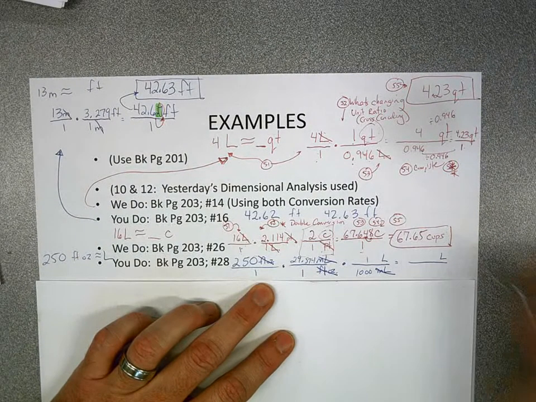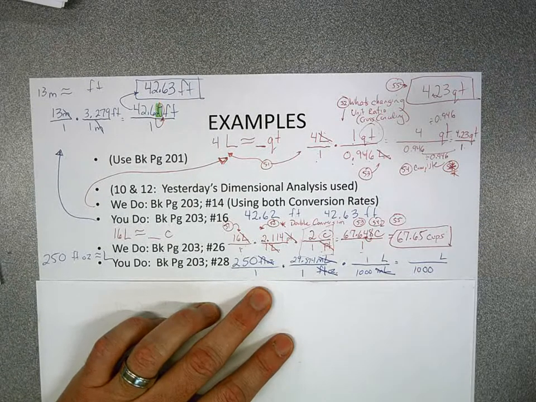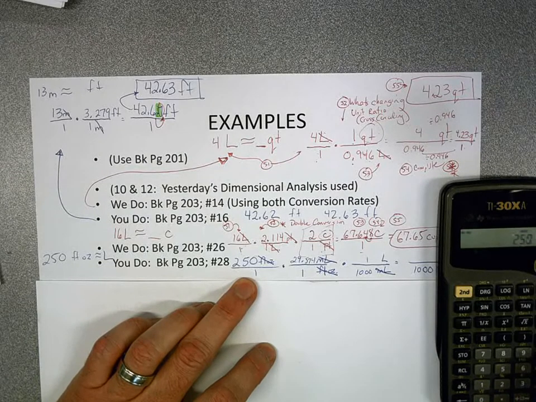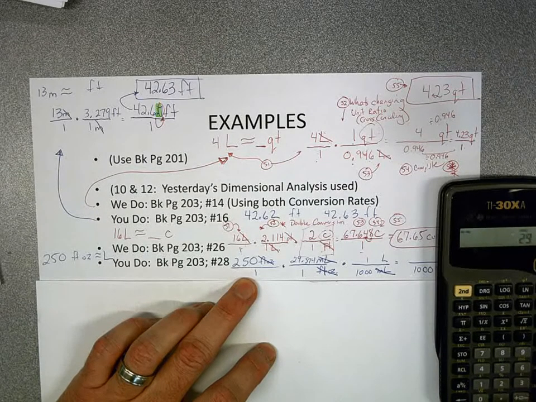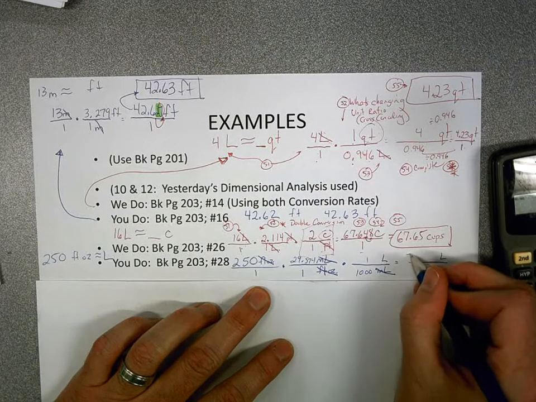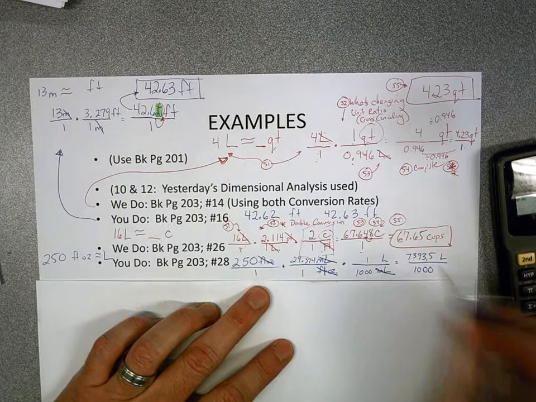Now on the bottom, of course, we have 1 times 1 times 1,000 is 1,000. On the top, we have 250 times 29.574, and we end up with 7,393.5. Now we do need to get the bottom to 1, right?